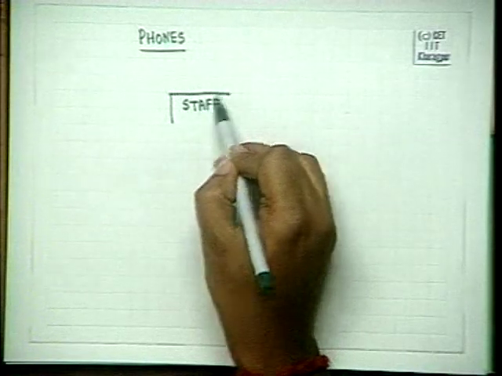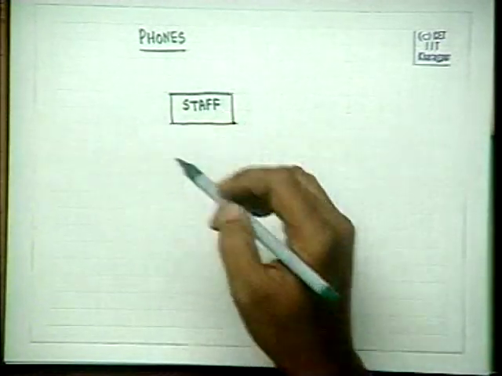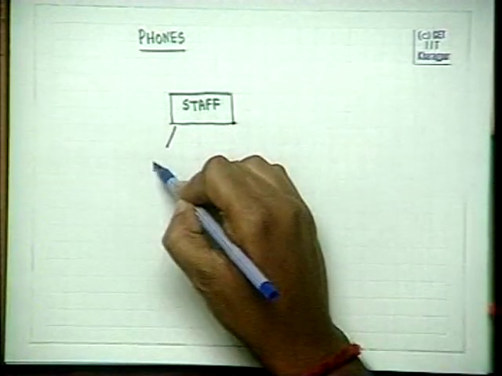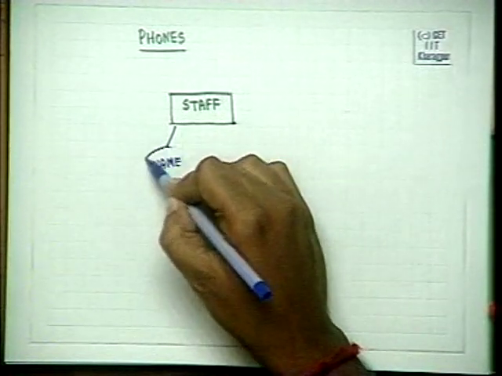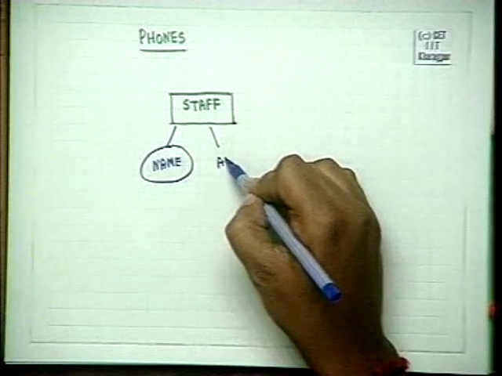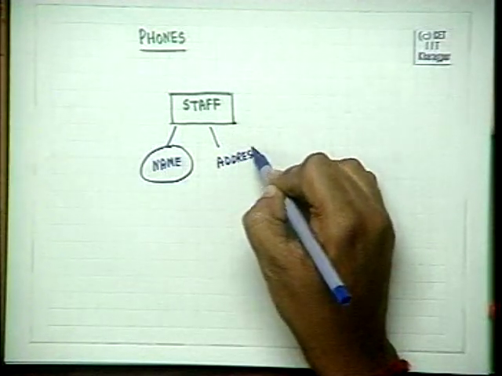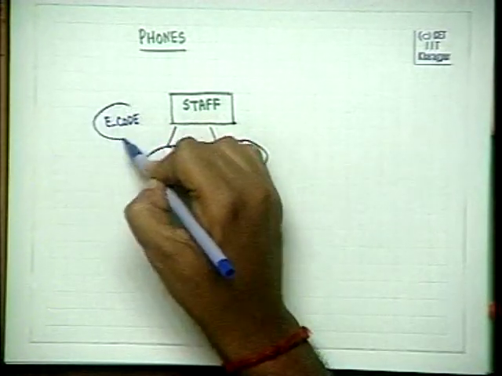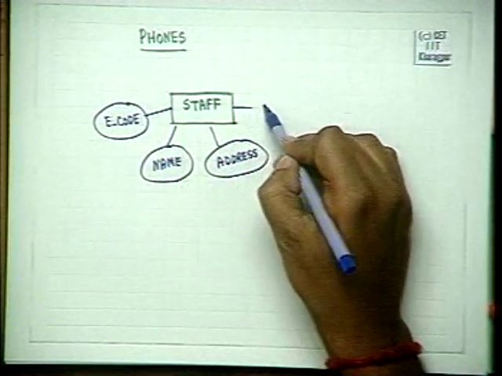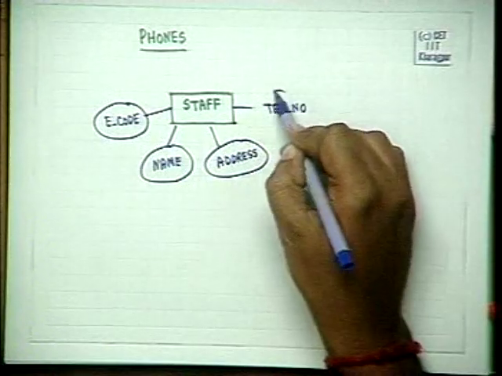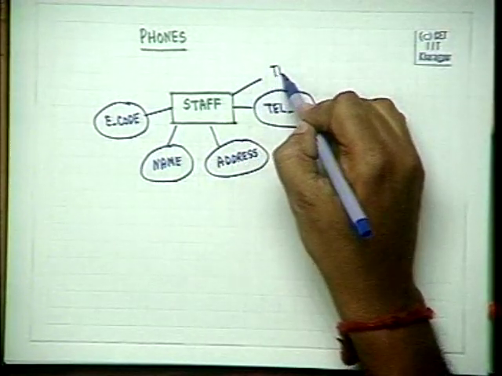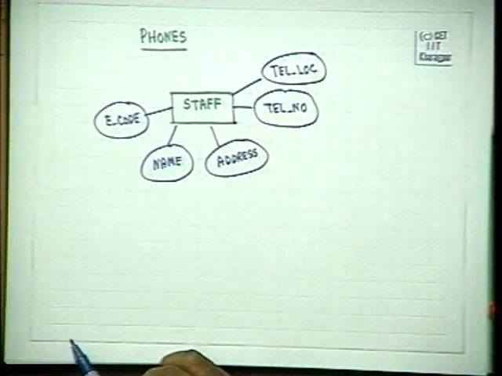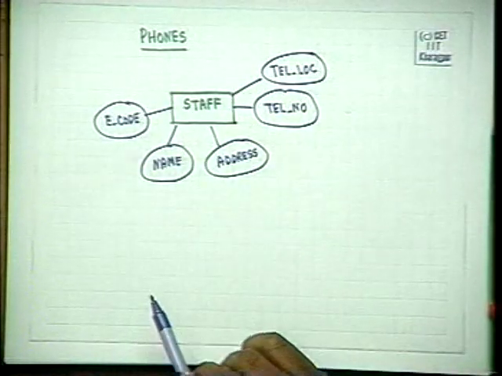Will we have it as one entity set which identifies the name, address, employee code, telephone number, and telephone location? That is, we want to put the telephones of a staff in a particular place.